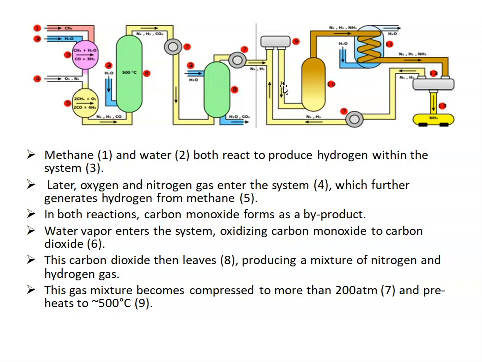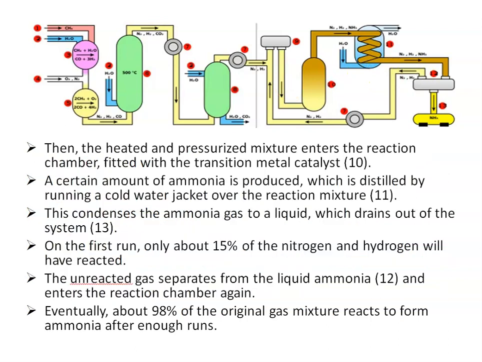And preheated to approximately 500 degrees Celsius. Then the heated and pressurized mixture, look at this 10th point, enters the reaction chamber, right? Fitted with the transition metal catalyst. Here the metal catalyst is present, right?